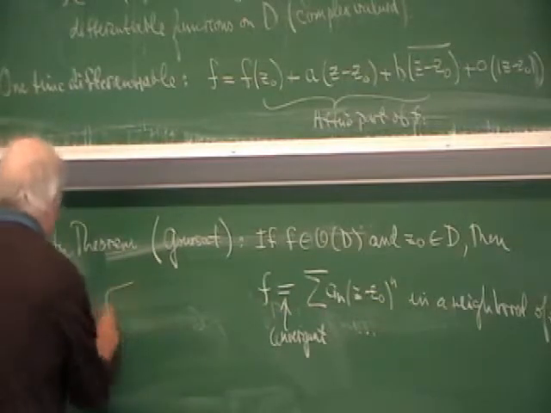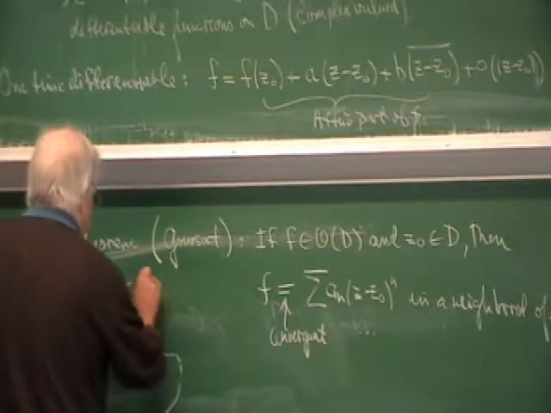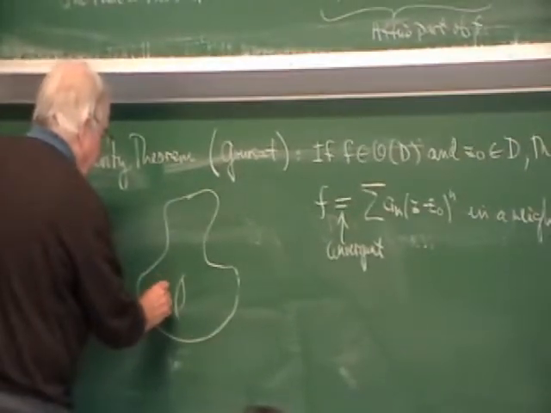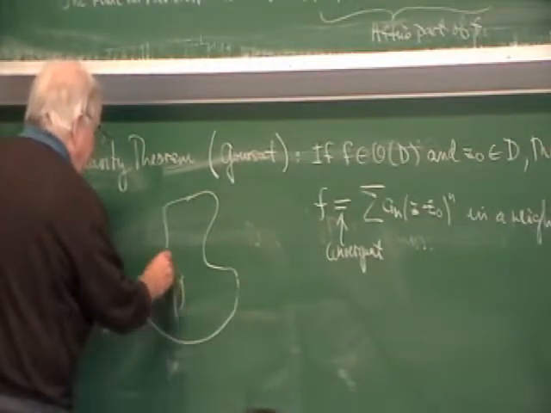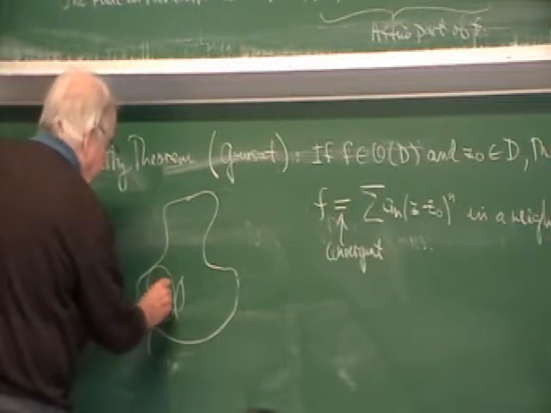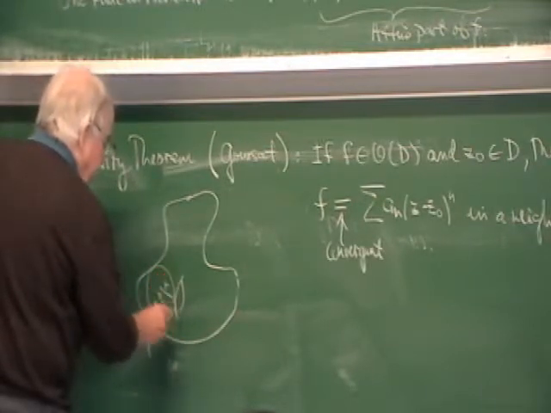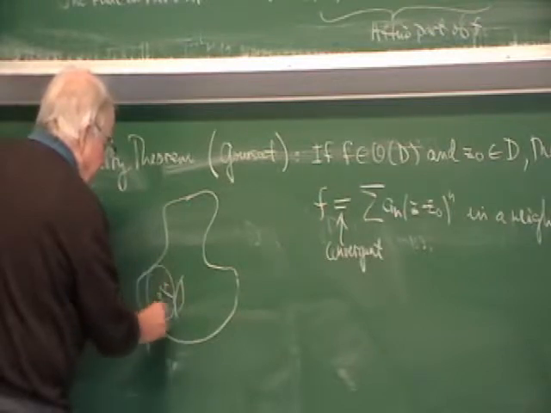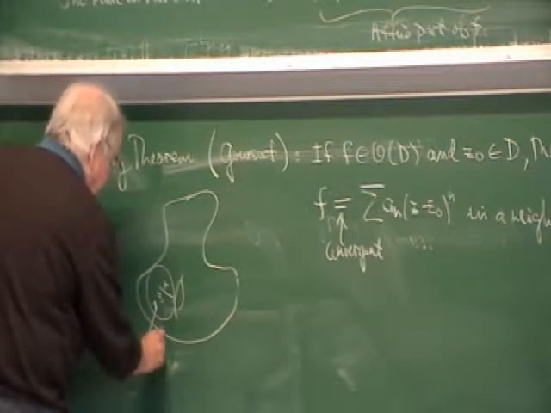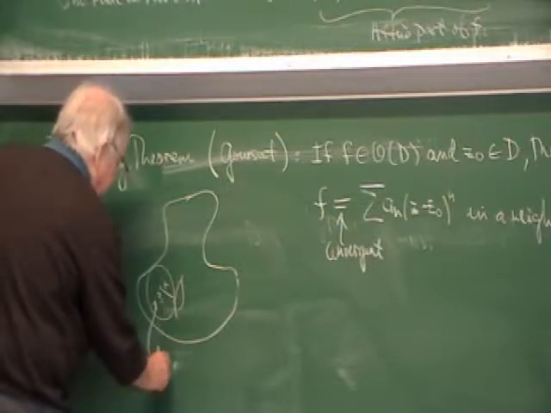So D is, if you like, perhaps mysterious, and you have some holes in D and so on, and you have a point Z0, and you have then a disk in here, and my notation, if the disk is radius R, so I put as big a disk as I can in here, and I call this disk of radius R about Z0.